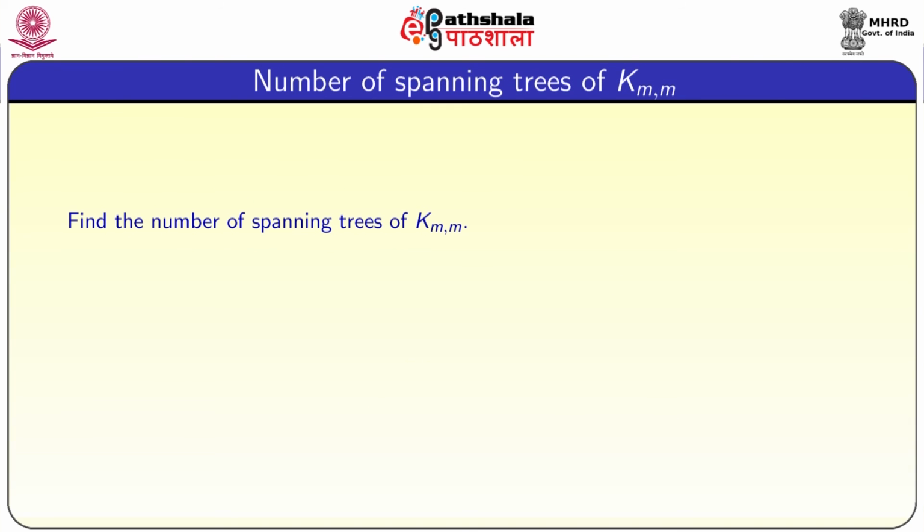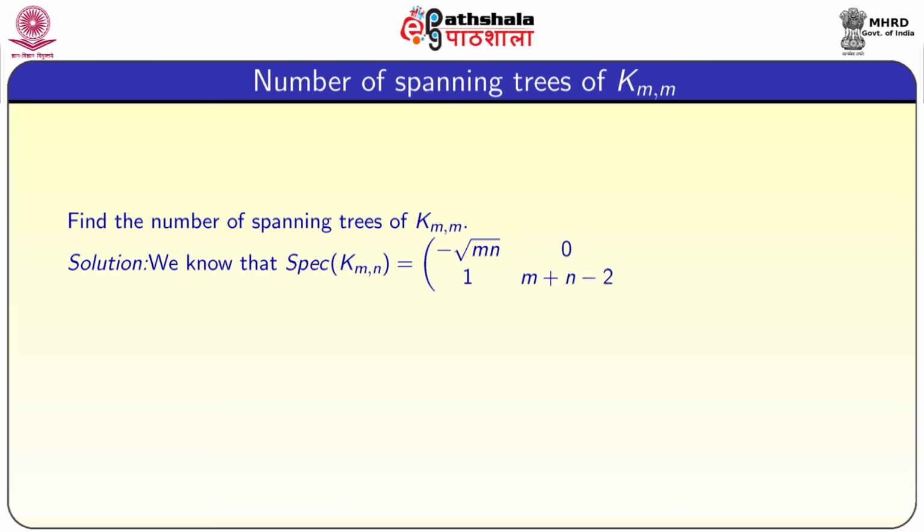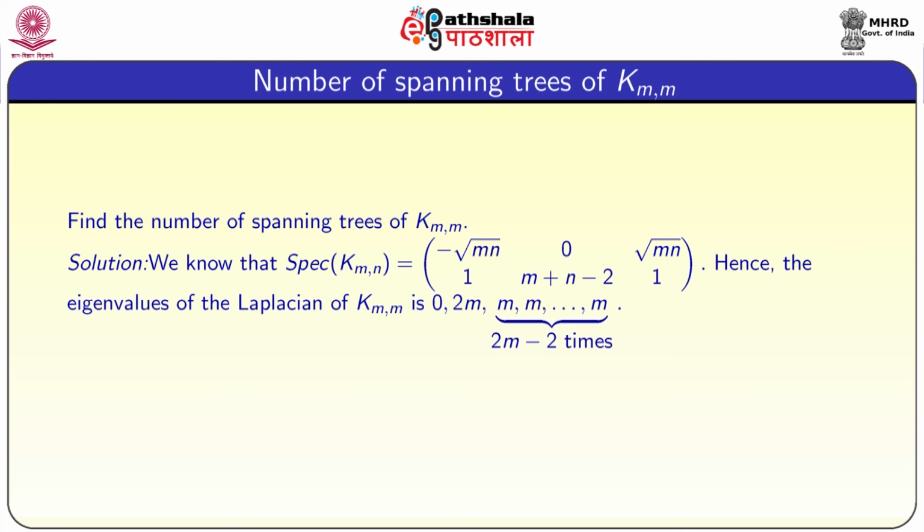Now we will count the number of spanning trees of a complete bipartite graph K m,m. We know that the spectrum of K m,n is minus root mn one time, 0 m plus n minus 2 times, and root mn one time. Hence the Laplacian eigenvalues of K m,m are 0, 2m, and m, 2m minus 2 times.